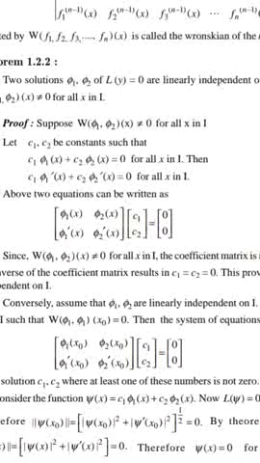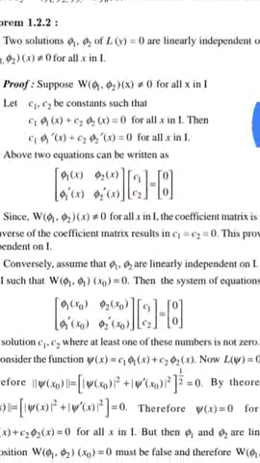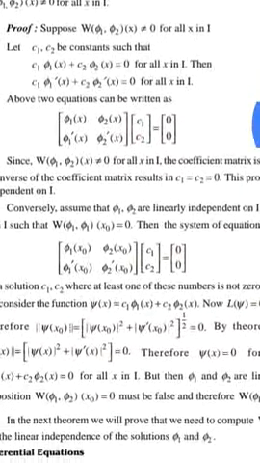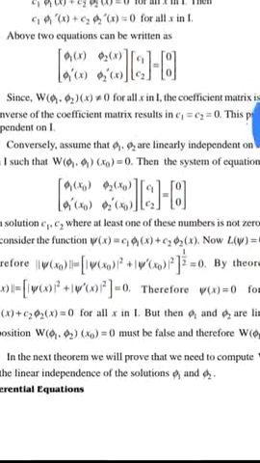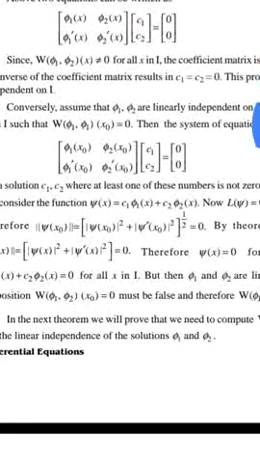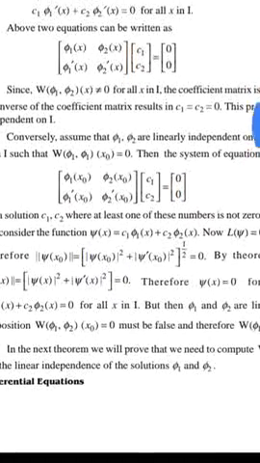Then c1 phi1'(x) plus c2 phi2'(x) is equal to 0 for all x in I. The above two equations can be written in matrix form as [phi1(x), phi2(x); phi1'(x), phi2'(x)] times [c1; c2] is equal to 0.